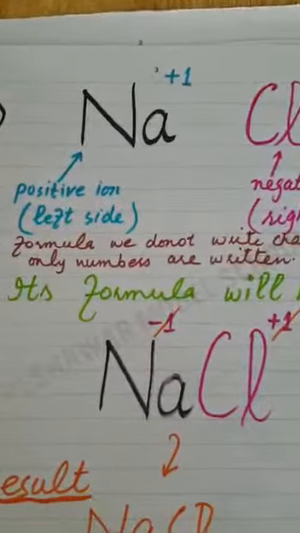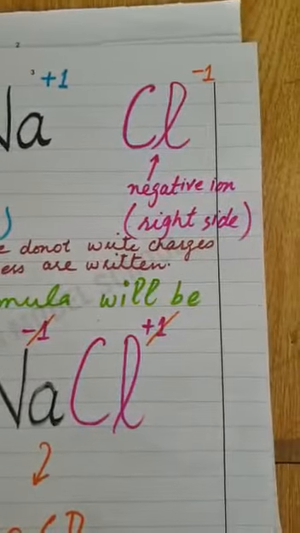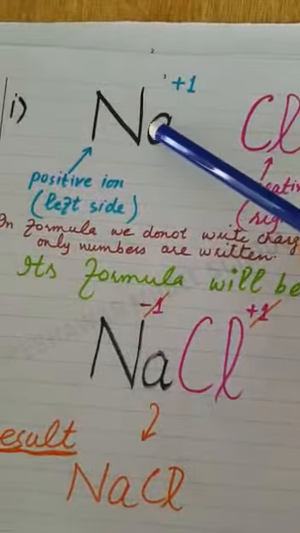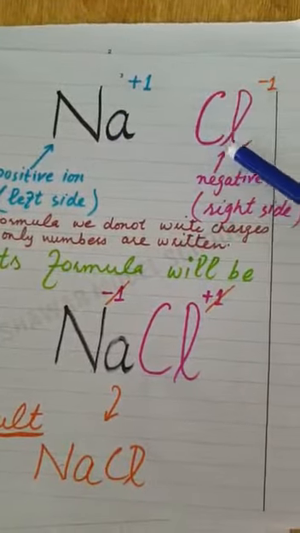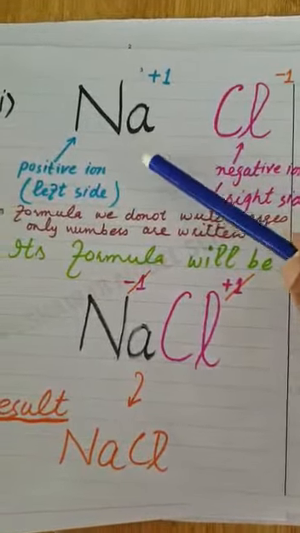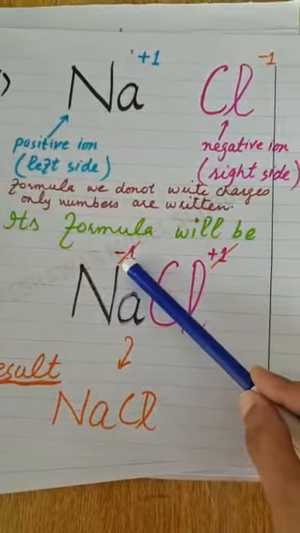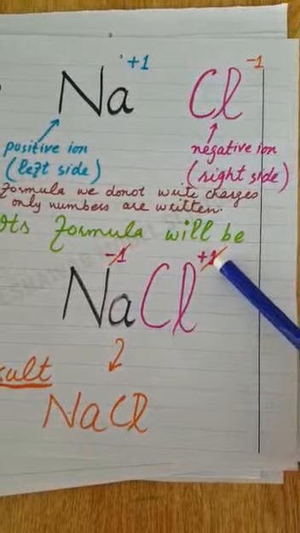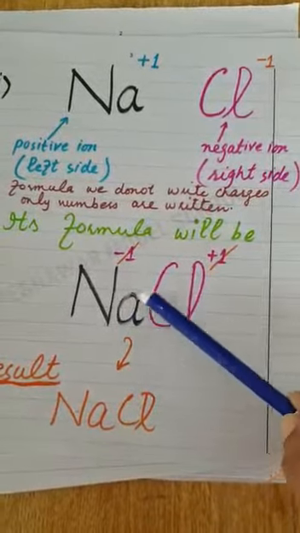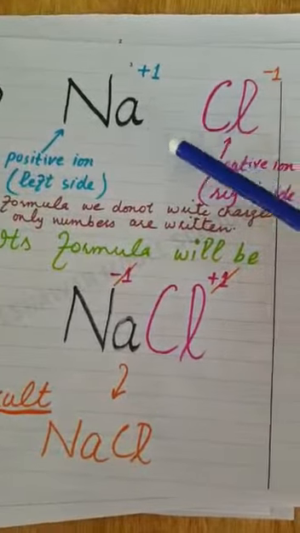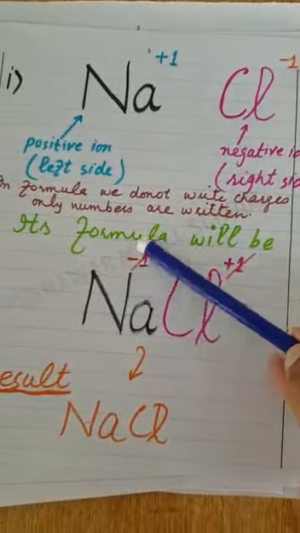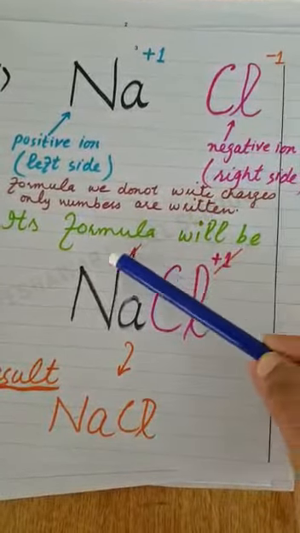Here we have the positive sodium ion, and we have the chloride ion. What we will do, we will cross the valency of sodium, we will write the valency of sodium with the chloride ion, and the valency of the chloride ion will be written with the sodium ion. You know very well that in the mathematical rule -1 will cancel with +1, so you cancel +1 with -1.